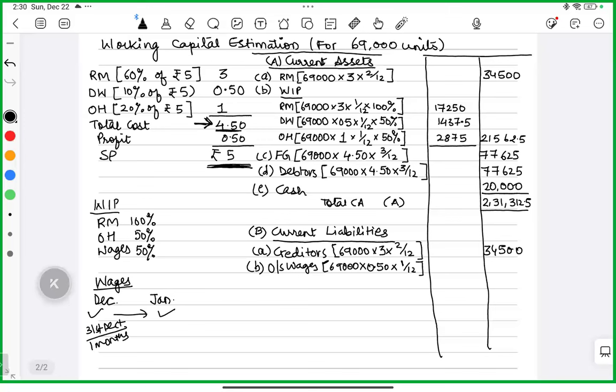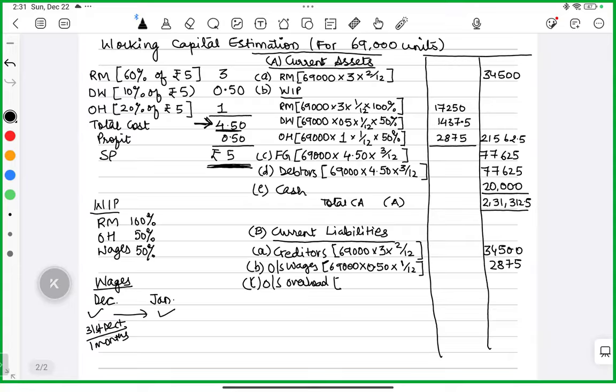So 69,000 into 0.5 into 1 by 12. So 2875 will be wages outstanding at the end of every month. Similarly, outstanding overhead. Overhead are other expenses like say fuel, power, and all those things.